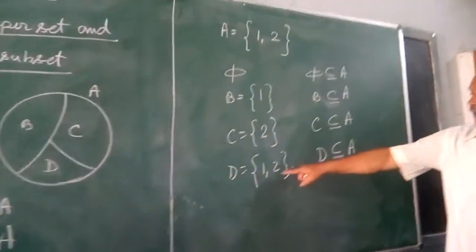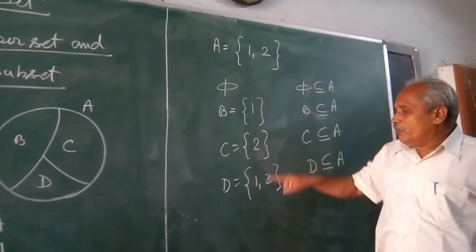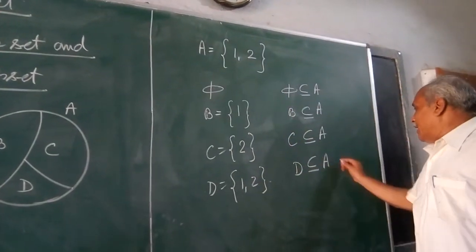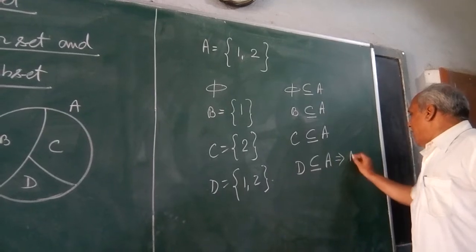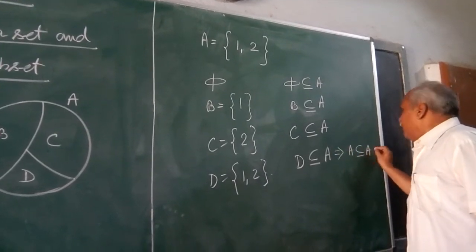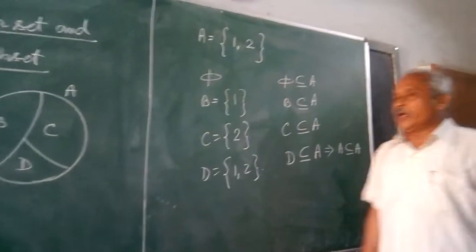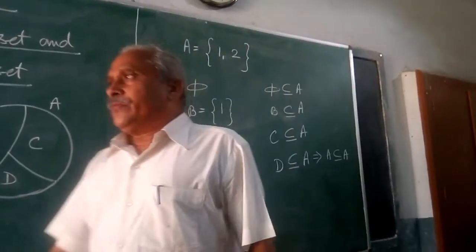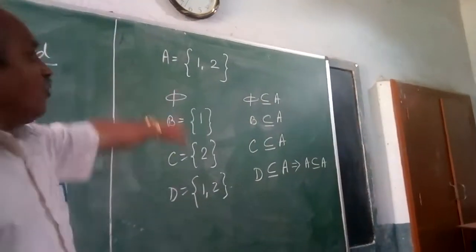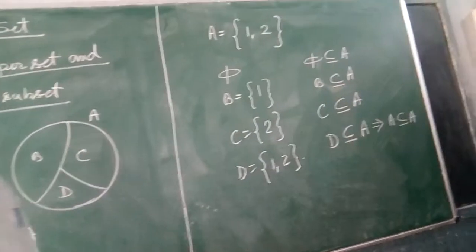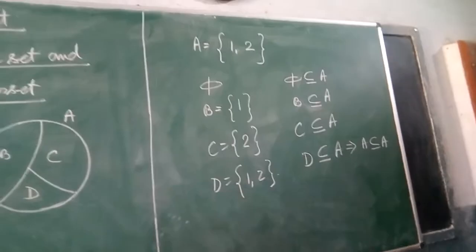Now you can see here D and A both are the same sets. Therefore you can say A is a subset of A. Okay. Then from the ongoing discussion, how can we define a subset?